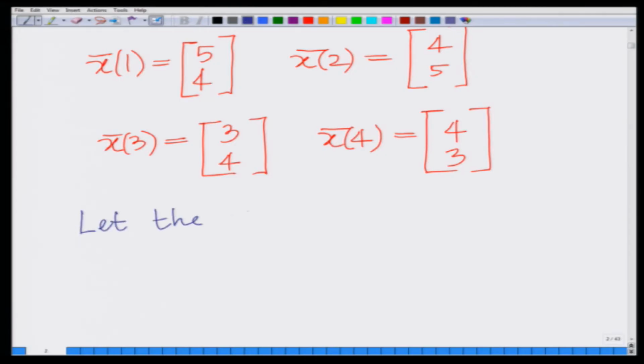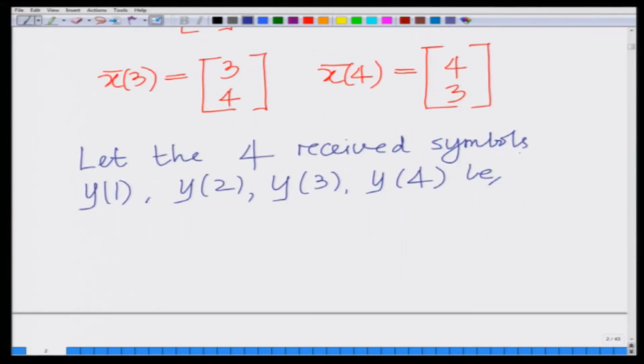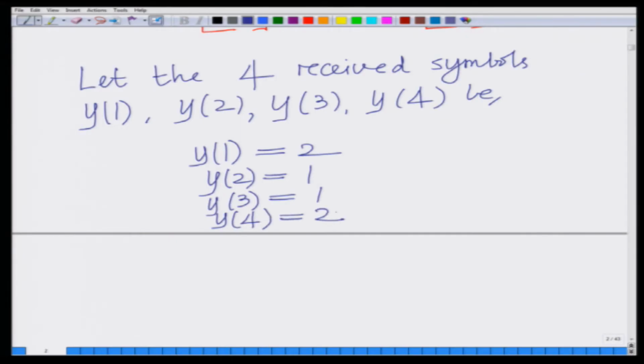Naturally, corresponding to these 4 pilot vectors, there are going to be 4 received symbols. Let the 4 received symbols y1, y2, y3, y4 be, in this example, y1 equals 2, y2 equals 1, y3 equals 1 and y4 is also equal to 2.